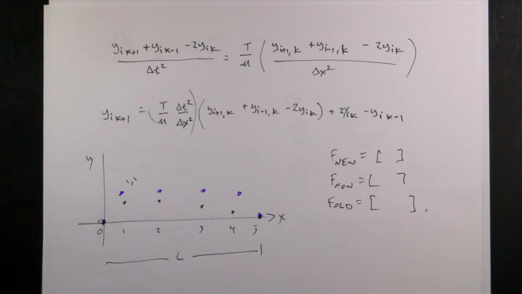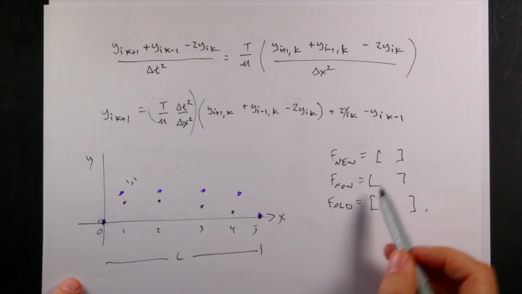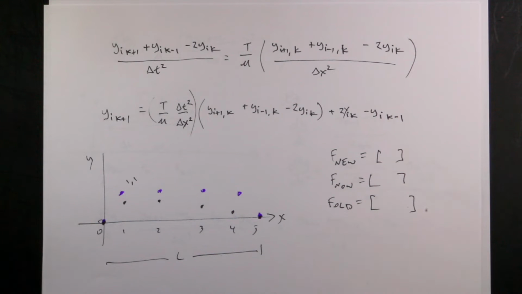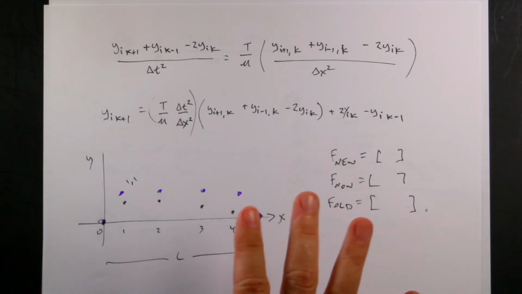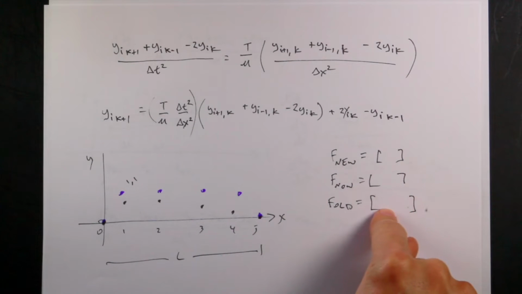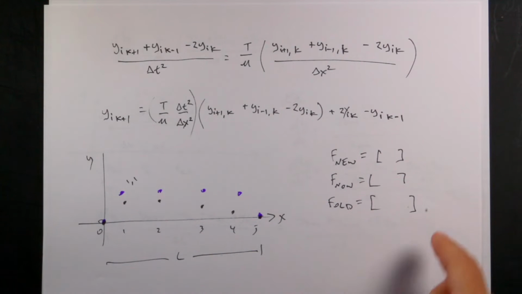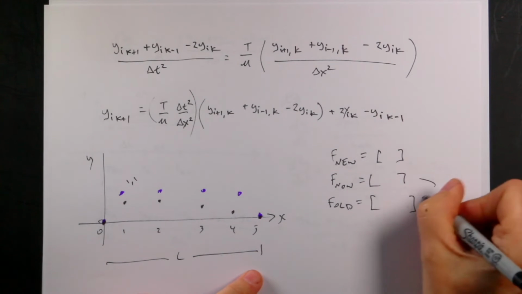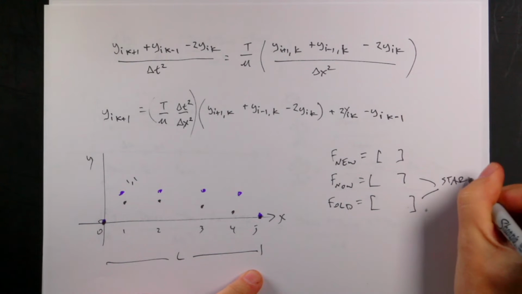Now, to start this whole thing off, I'm going to give it some initial conditions, and I'm going to set both now and old to the same thing. This would be what would happen if I released it from rest, right? Because those are the same. There is a way to find the old for the first time, but let's just say these two are the same to start off.